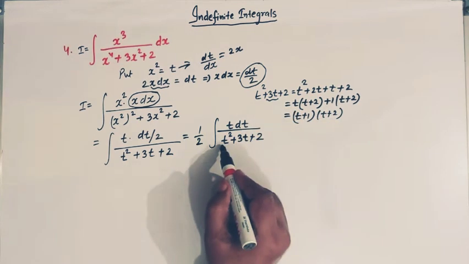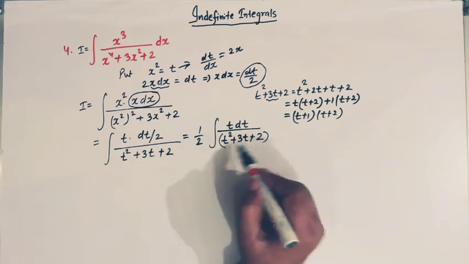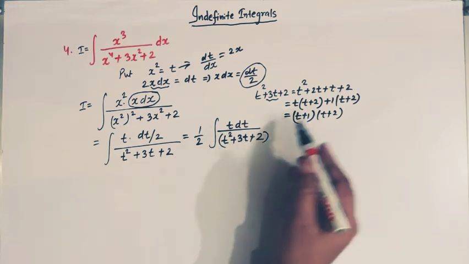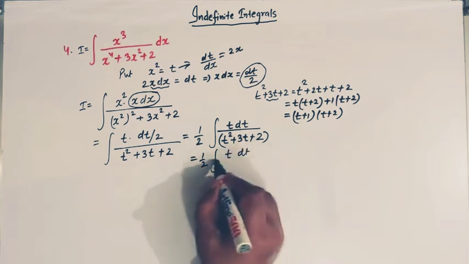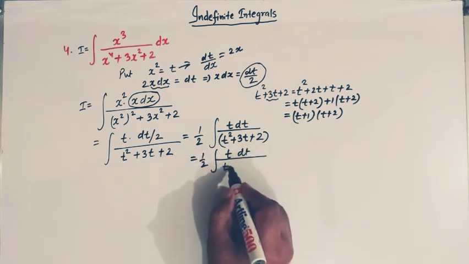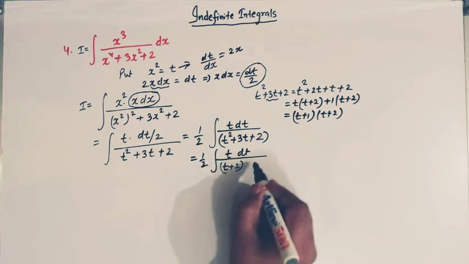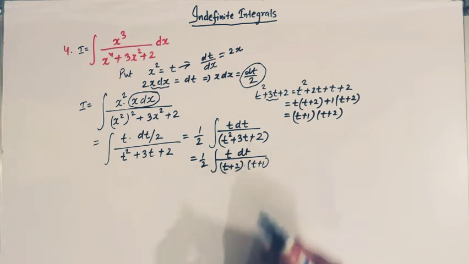So this denominator, the quadratic denominator, can now be written as half t dt divided by t plus 2 times t plus 1, right?